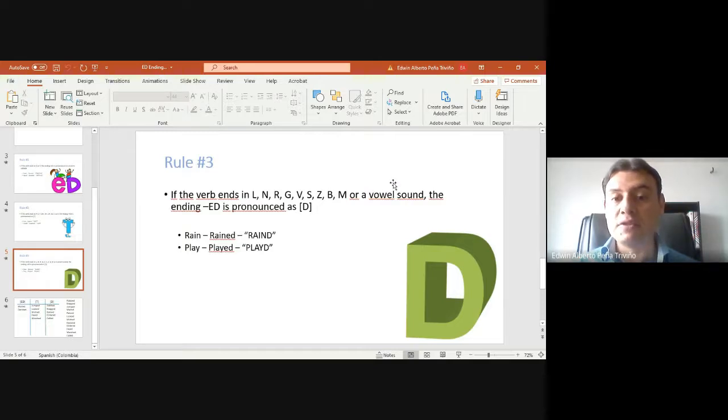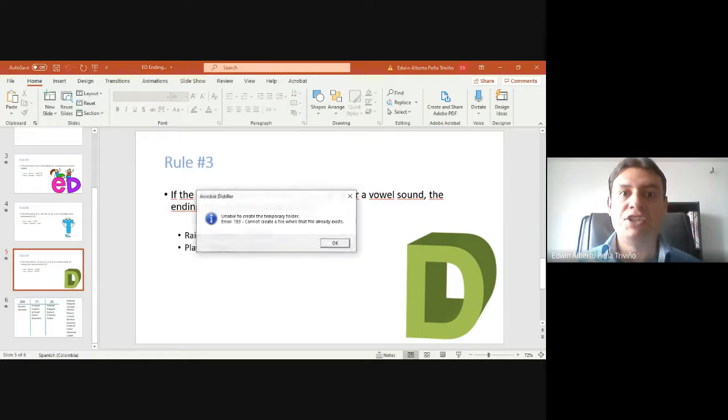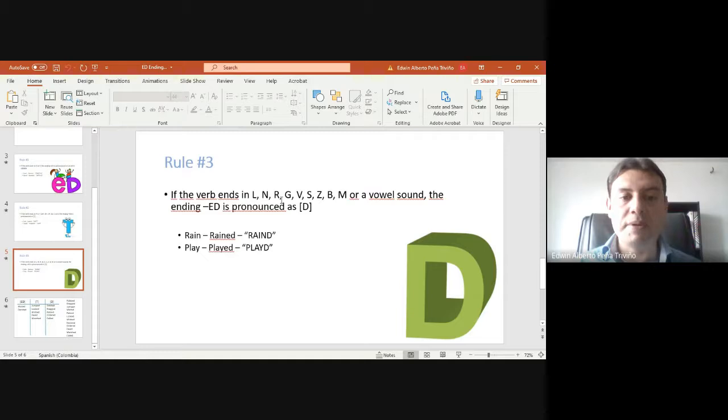Finally, there is another one, which is the D sound, with any vowel sound and with the consonants that also are voiced sounds. What is a voiced sound? The opposite of the previous one: they produce vibrations in your throat. For example, the letter L. If you put your hand on your throat, you're going to notice that when you produce the sound of the letter L, a vibration is produced there.